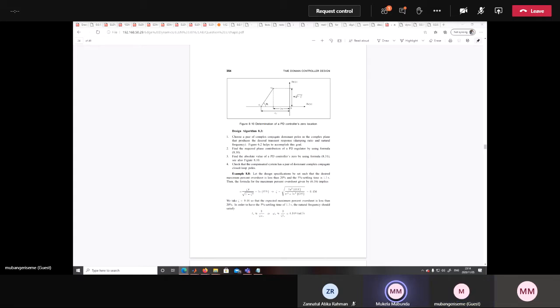Just make zeta to be... So you solve the characteristic equation, s squared plus 2 zeta omega n s plus omega n squared, you get s equal to minus zeta omega n plus or minus j omega n square root 1 minus zeta squared.